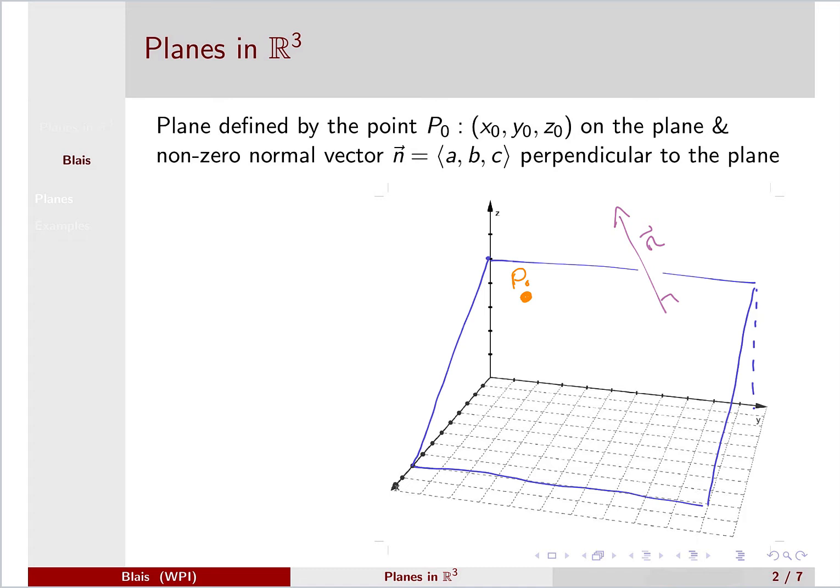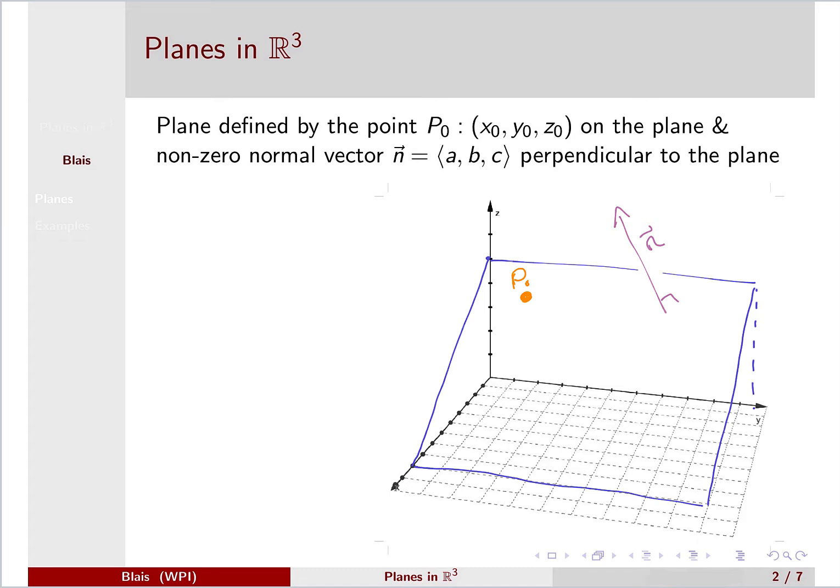So we want to see how we can use a point on the plane P naught and the normal vector n to construct an equation to define the plane.